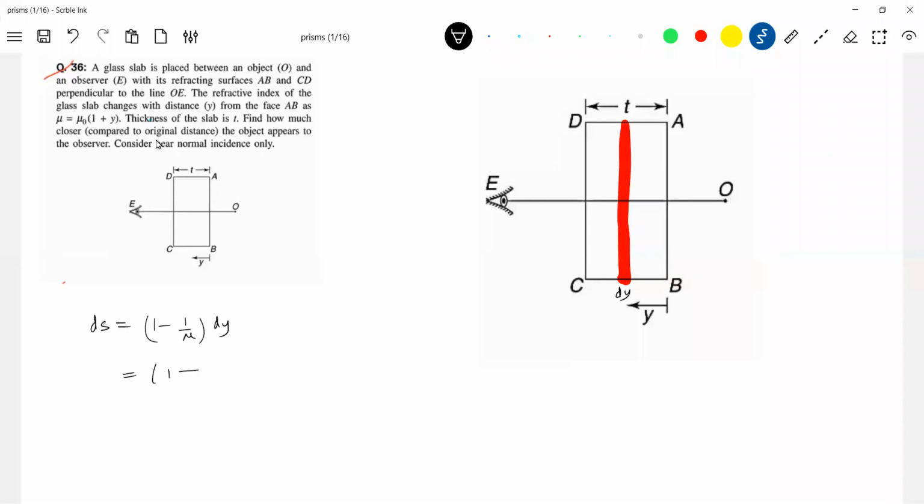Here it will be 1 minus 1/mu naught. Integrate this for the total shift, with y from 0 to t.